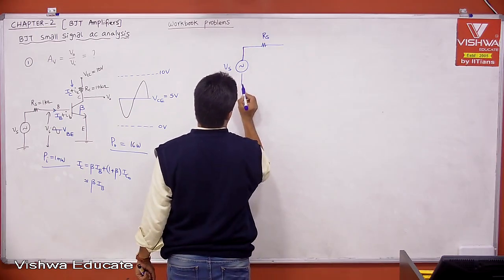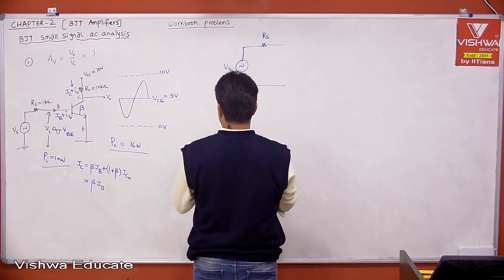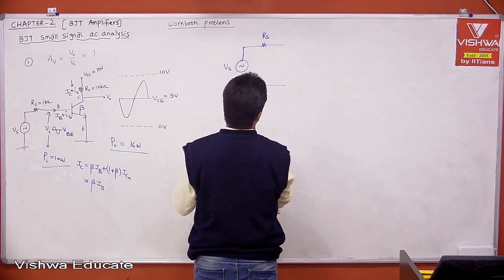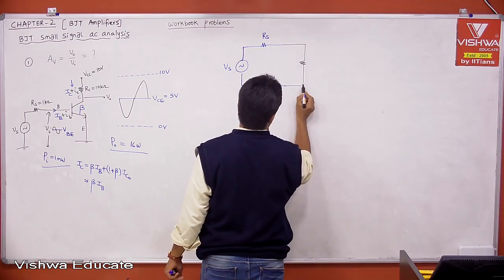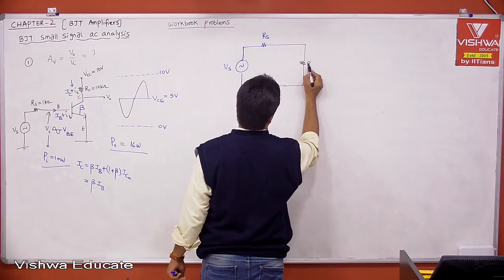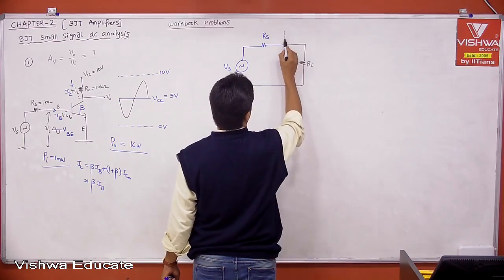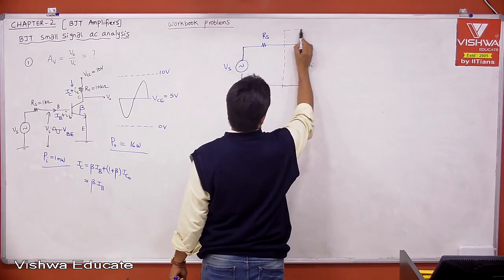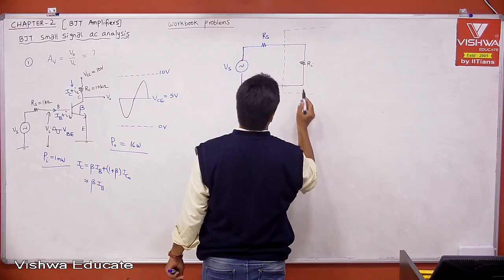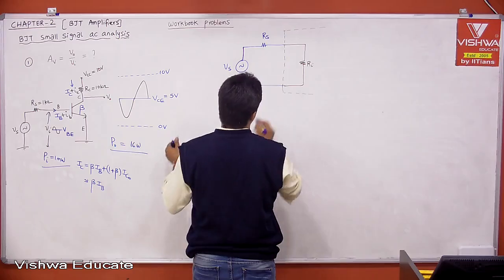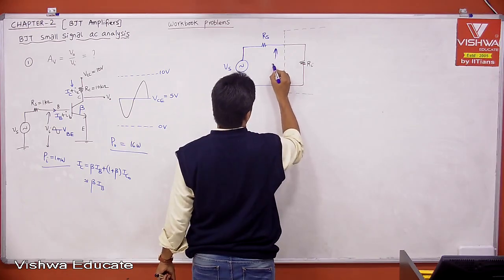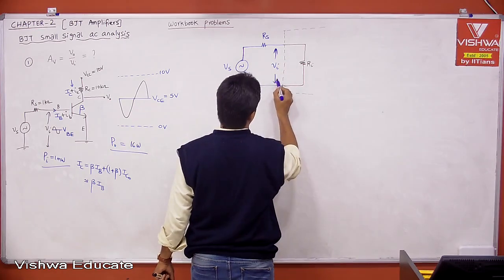This is connected to our amplifier. Let us say this is your Ri. Now, the amplifier input voltage we apply, this is nothing but your input voltage. Let us say this is Vi.